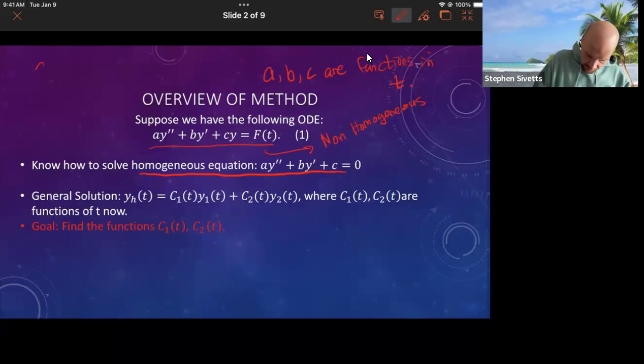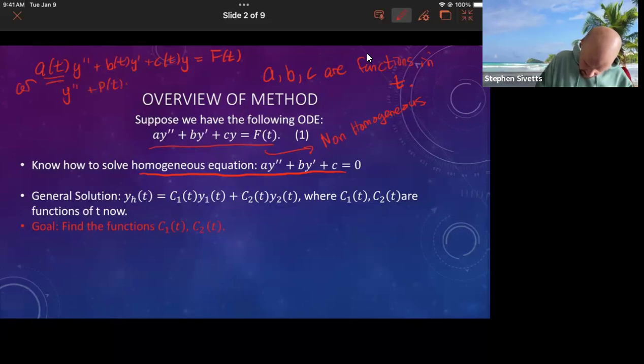So variation of parameters will have this formulation, right? Or we can let this have a coefficient of 1. So you'll see another formulation of this method written out like this.